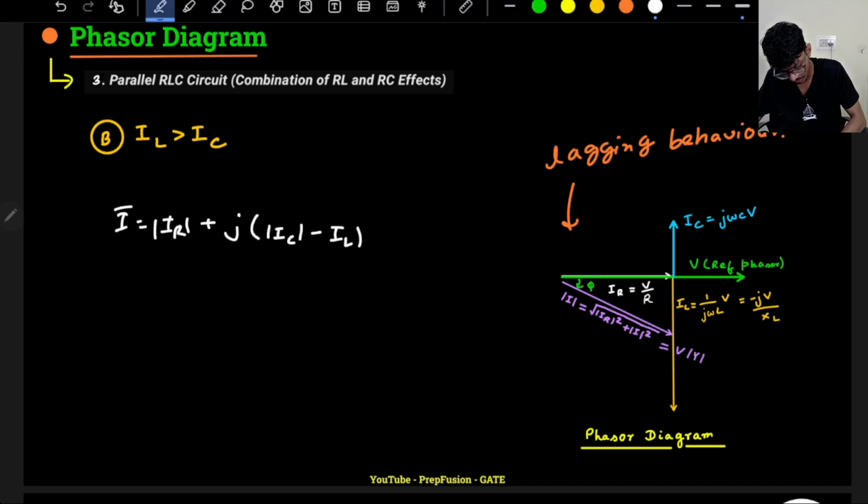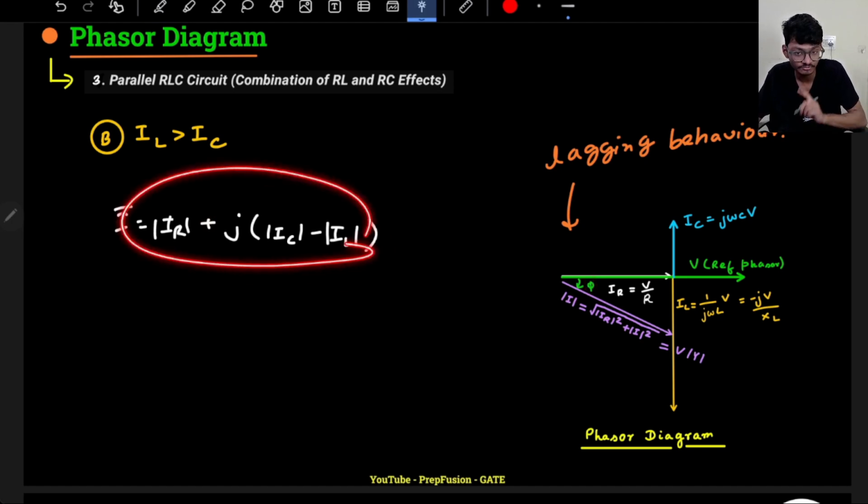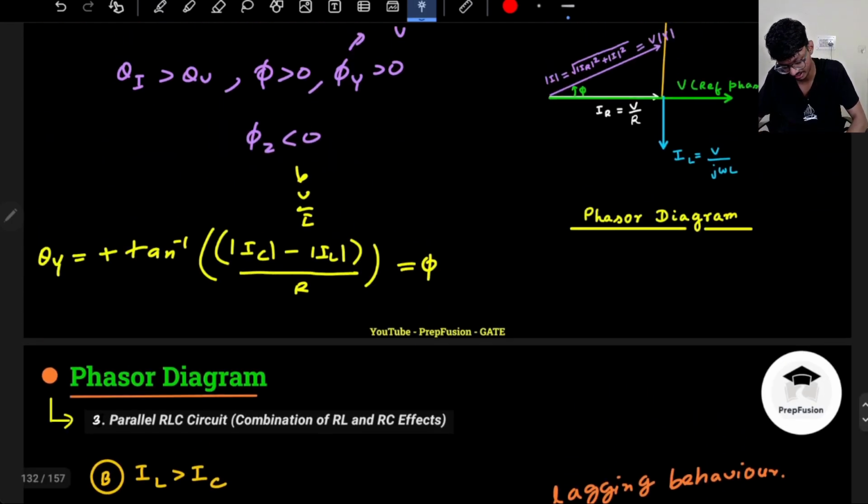But this time the magnitude of IL is higher, so overall this will be something negative. Now if this is negative, my angle will be minus phi, because this lies in the fourth quadrant. That's the only difference. Everything else is the same.